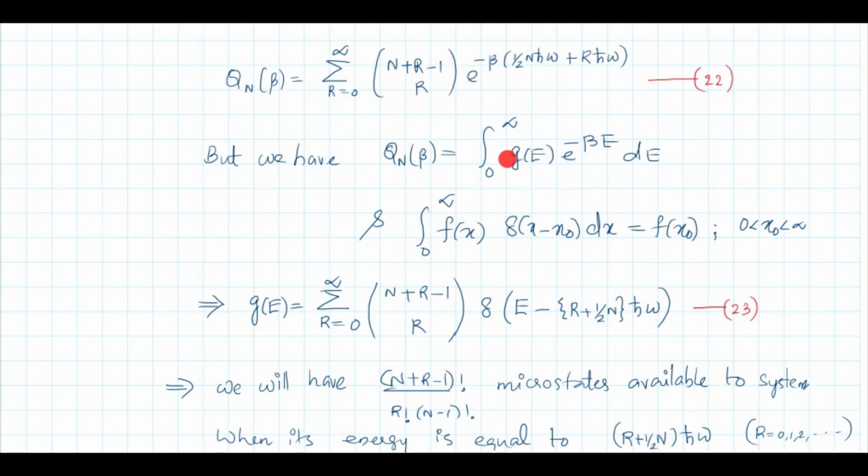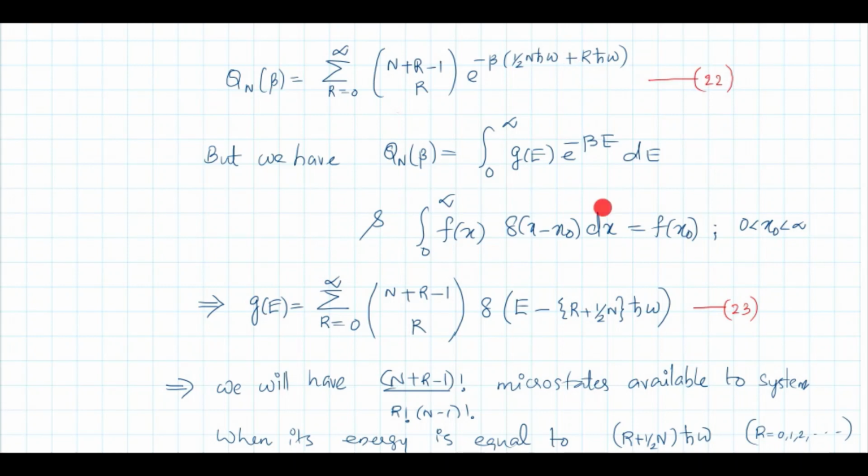If your g of E is sigma r equal to 0 to infinity (n plus r minus 1 choose r) delta of (E minus (r plus n by 2) h cut omega), then if you substitute that here, these constant terms will come outside and this E will get replaced with (r plus n by 2) h cut omega, and that is exactly what we have here. E gets replaced with (r plus half n) h cut omega.